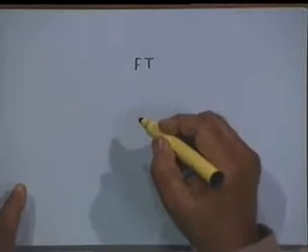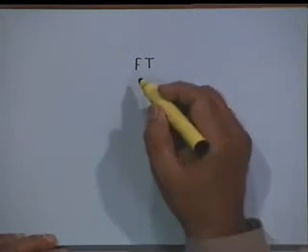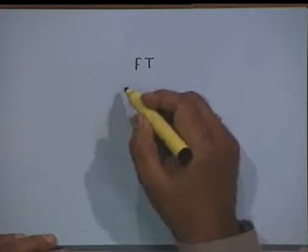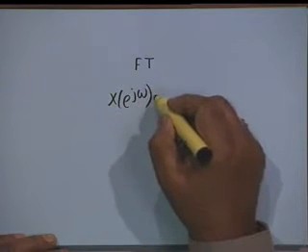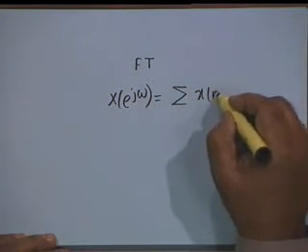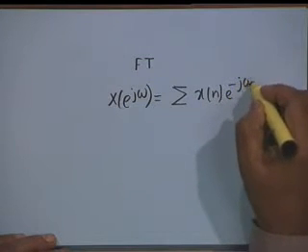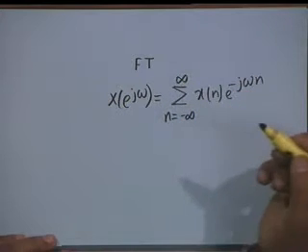FT is so called DTFT, which we have abbreviated as FT, and we defined simply X of e to the j omega as summation x of n e to the minus j omega n, n going from minus infinity to plus infinity.